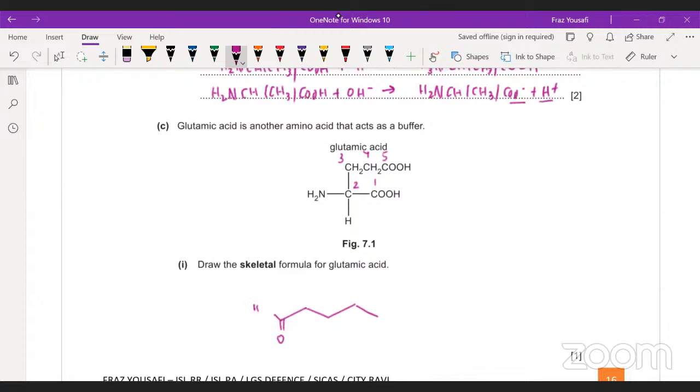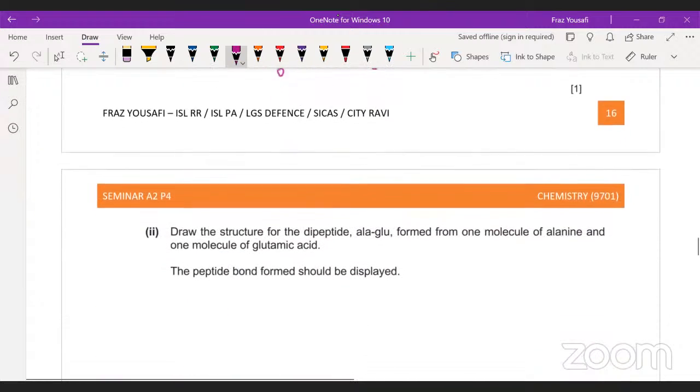On one end, you have a carboxylate, and on the other, you also have a carboxylate. And then either way, from left to right or right to left, you can put on that second carbon right here your amine group. That would be your skeletal formula, right? Pretty simple, nothing complicated about that.